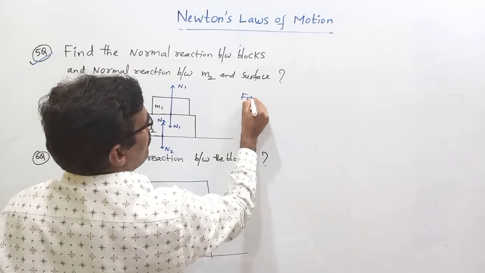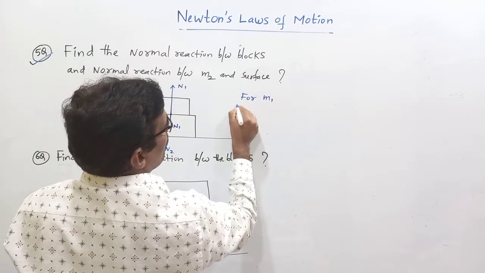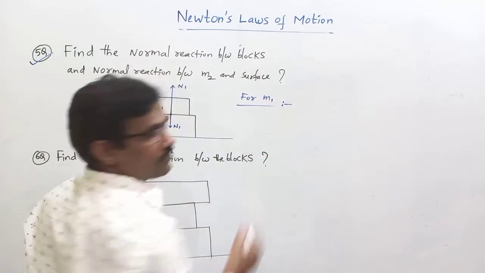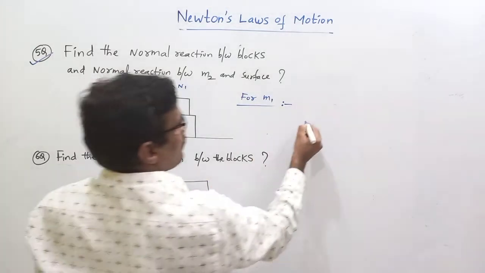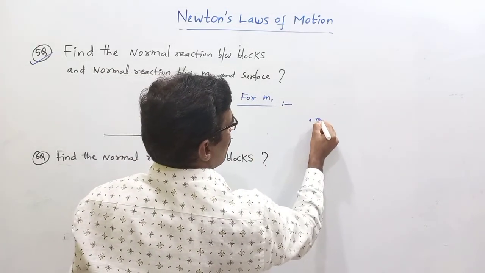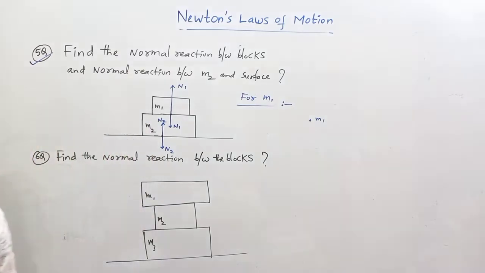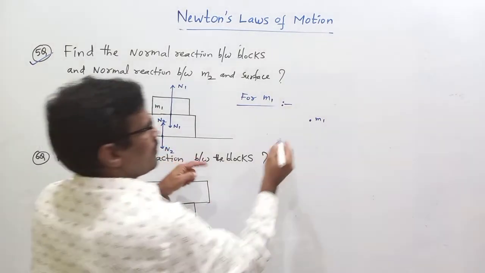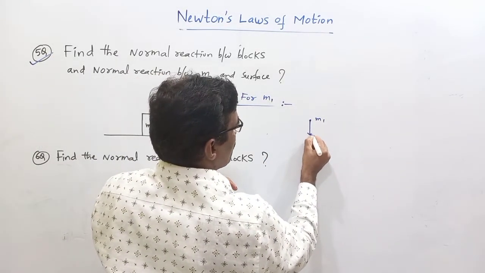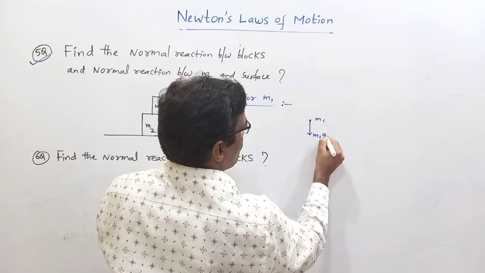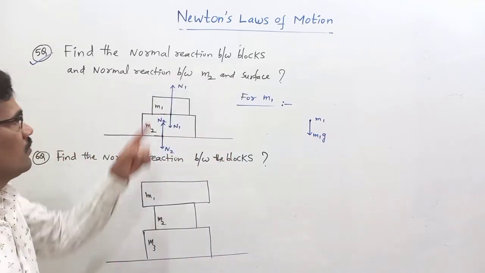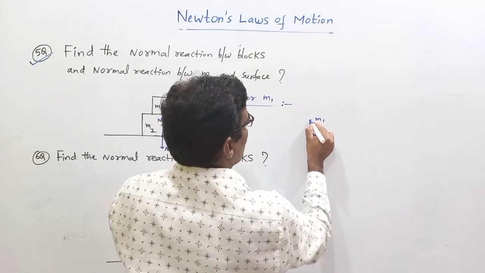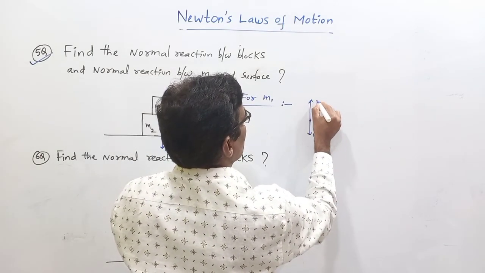Free body diagram for M1. So here, this is M1. What forces are acting on M1? One is weight, M1G downward. Another one is normal reaction, vertically upward.